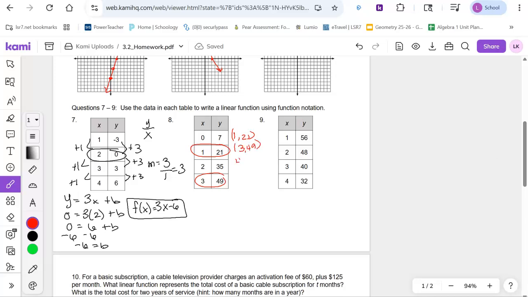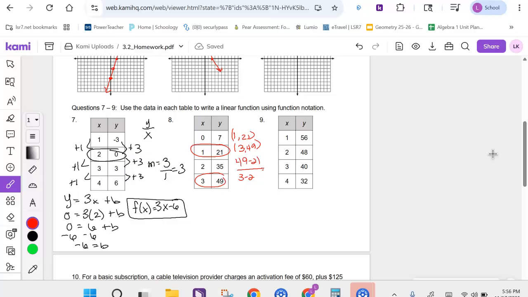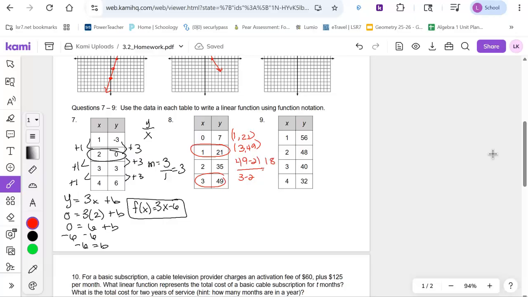So I'm going to take 49 minus 21 over 3 minus 2. 49 minus 21 is 28, over 2. So my slope is going to be 14.